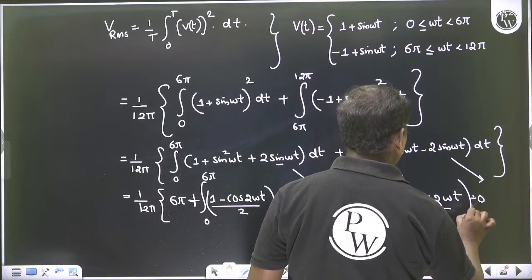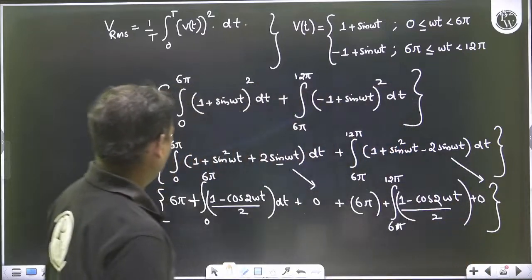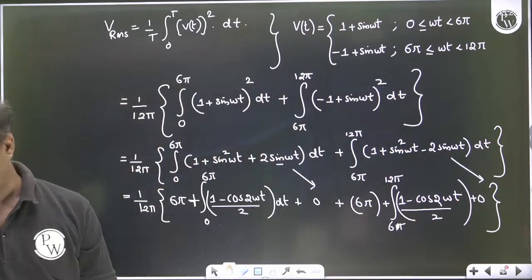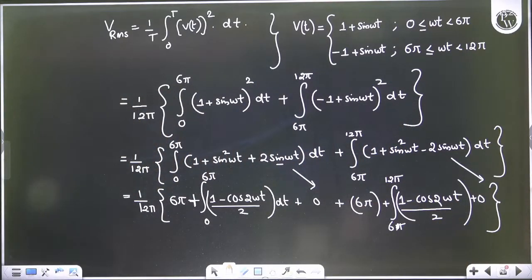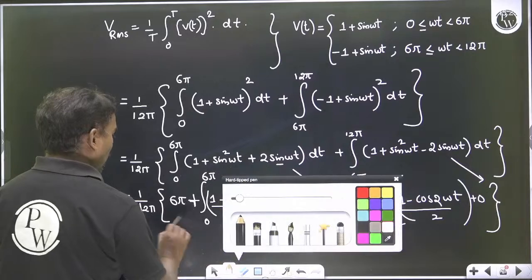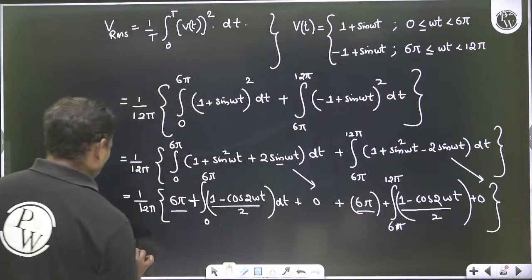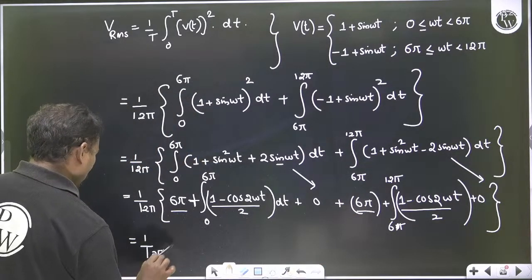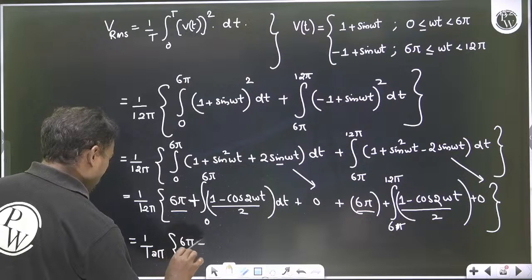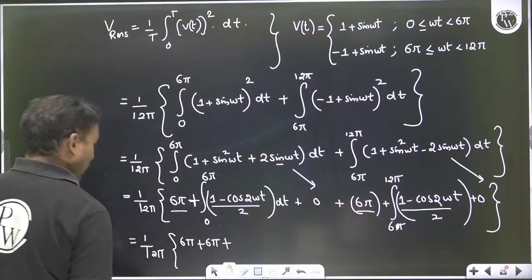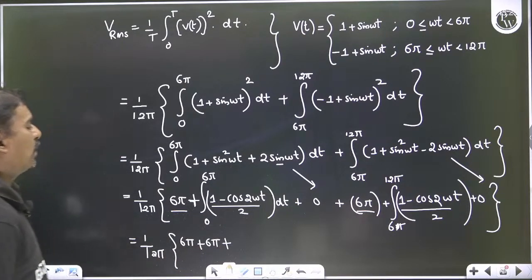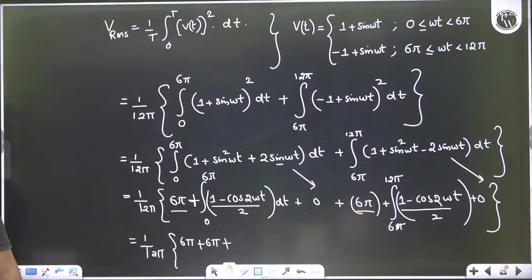So now what am I going to get? 1 by 12 pi, 6 pi plus 6 pi, and then 1 minus cos 2 omega t by 2 into dt. If you simplify that, I am going to get 6 pi.